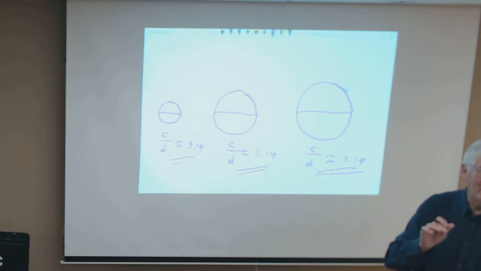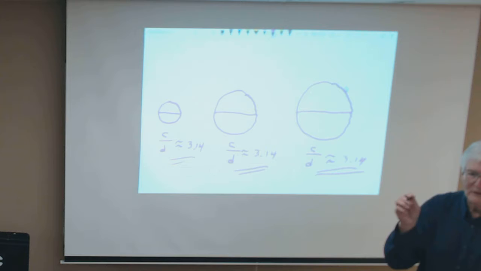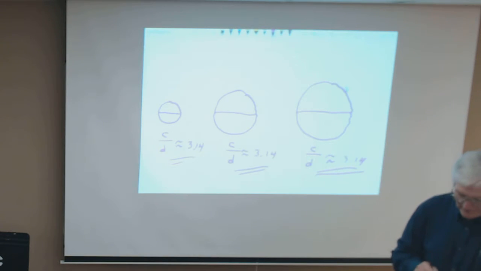Now, if you try this in real life, if you could get a bunch of cardboard circles and measure around them and then measure across, do you understand that your measurement might not be exactly right? So it's not going to come out exactly 3.14 every time. It's going to come close to it. But if you had exact measurements, it always comes out to be this irrational number. Whoops, I just told you what it was.